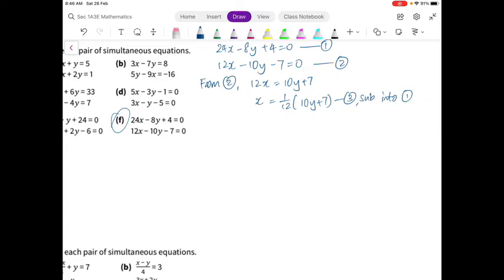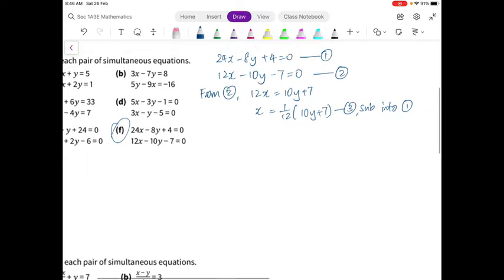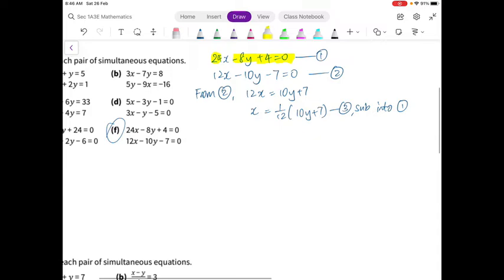So now you can see why I chose to make x the subject from equation 2. So I'm going to copy down whatever is highlighted in yellow first, so 24, and now our x value. Okay, we're going to replace this x over here with this.